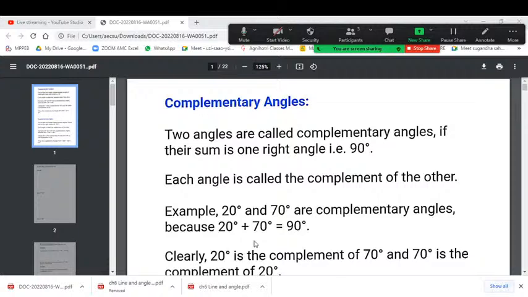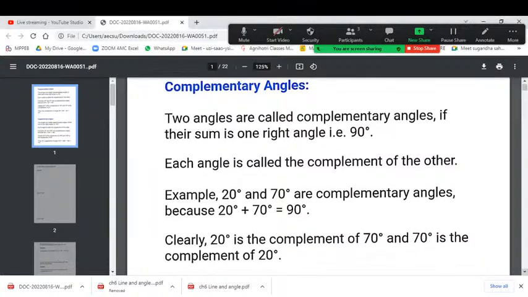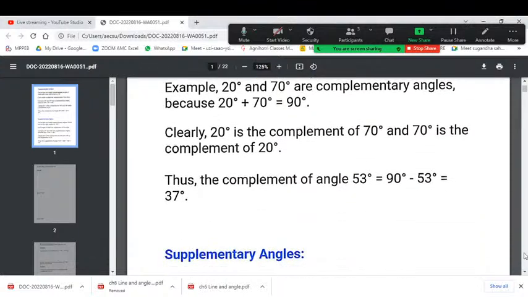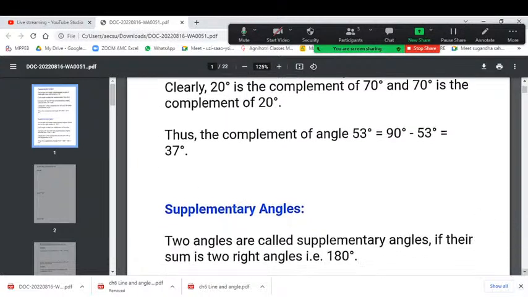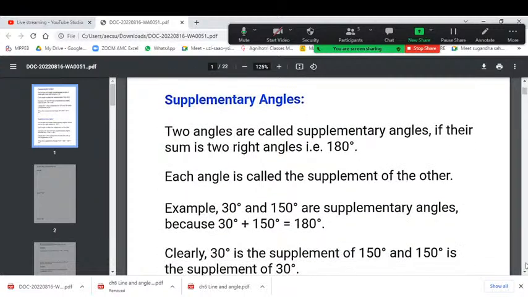Similarly, I have presented what the supplementary angles are here. 53 and 37 must be complements of each other because they also add up to give you 90. Supplementary angles are those which add up to give you 180, that you can observe here.